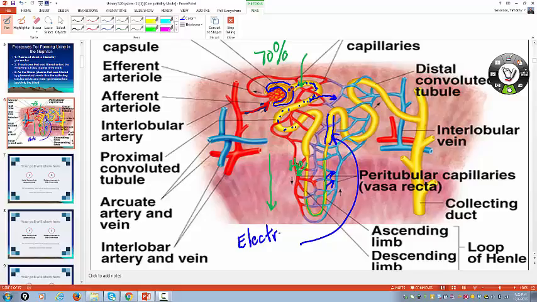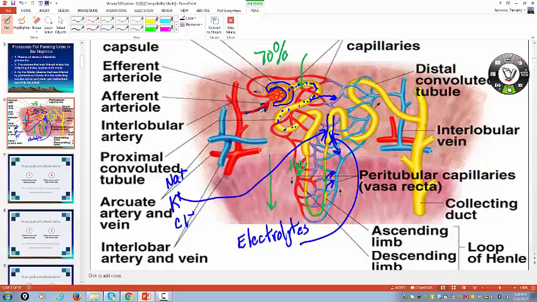So you've got pumps in there that will take the electrolytes, and using ATP will pump those electrolytes back into the blood. Just real quick, a little clinical thing here. It is this portion in the loop where sodium, potassium, and chloride get reabsorbed back into the blood.